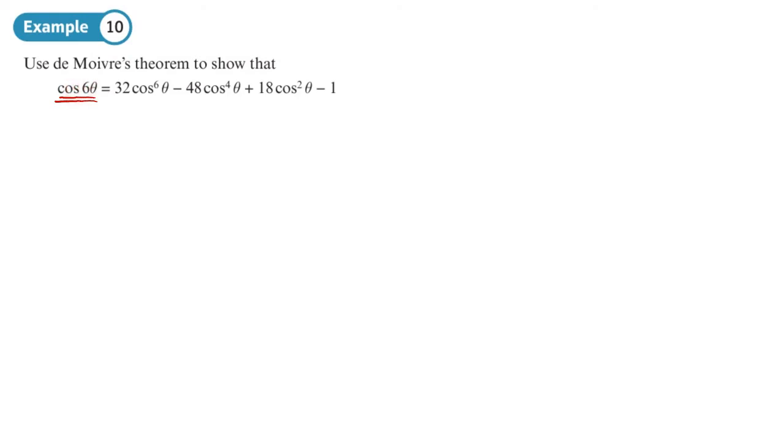Just a reminder of what de Moivre's theorem states: if we have a complex number written in this modulus argument form like this, and we raise it to a power n, that's equal to the modulus raised to the power n, and then the argument is multiplied by n, like this. So I would see cos 6 theta over here on this side.